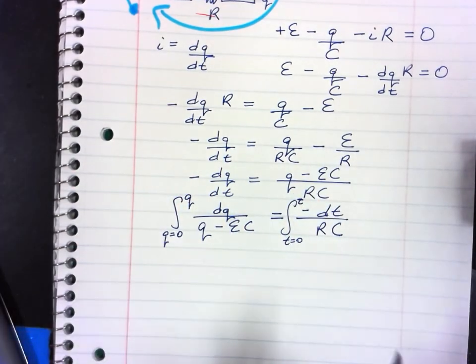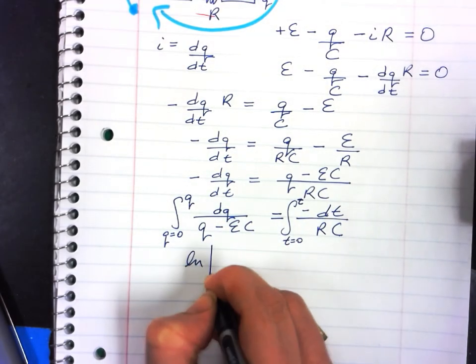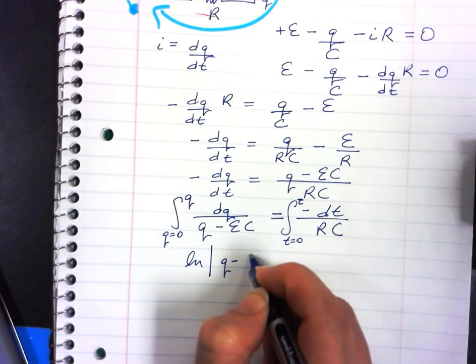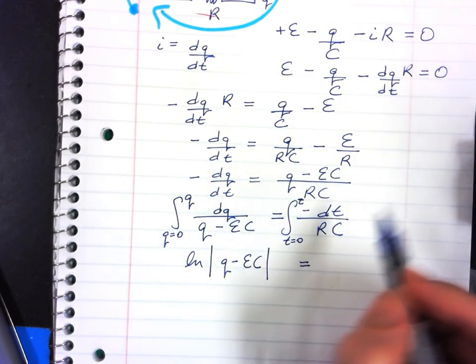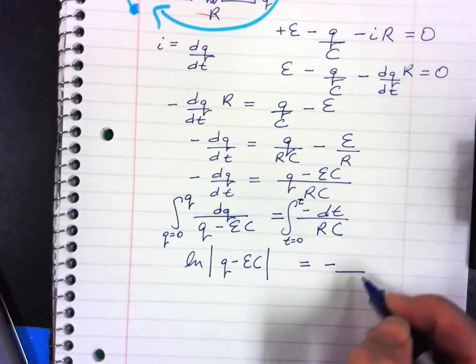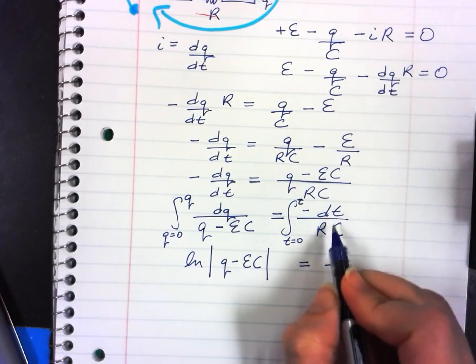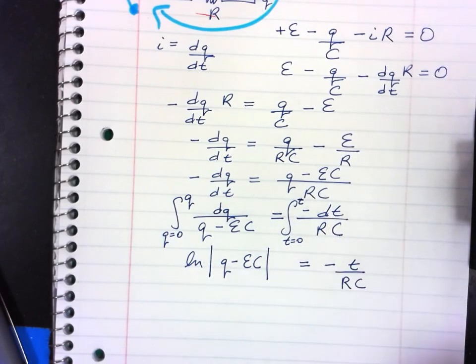Integral, natural log. So the natural log, and yes, it is absolute value of Q minus EC, equals, now on this side, we're going to integrate, R and C are constants. So we're left with negative over RC, and then the integral of the derivative of time is just time itself.